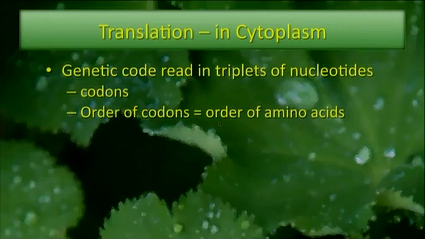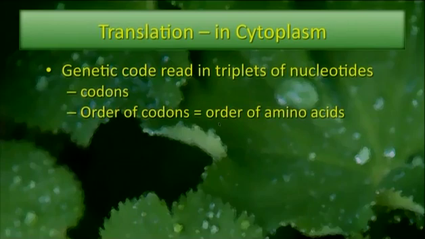Say, for example, AUG codes for the amino acid methionine, but AGU codes for the amino acid serine. Another codon, AGC, also codes for serine. But AUG will always code for methionine, and AGU and AGC will always code for serine.